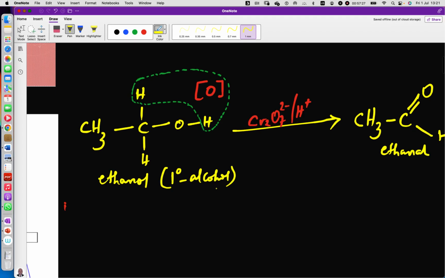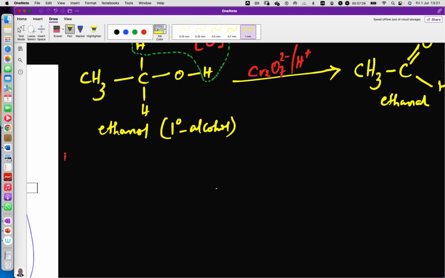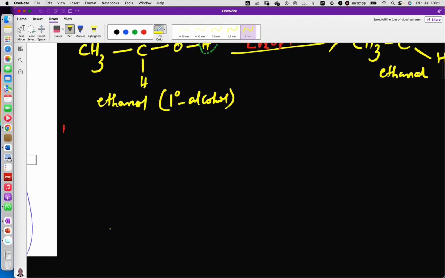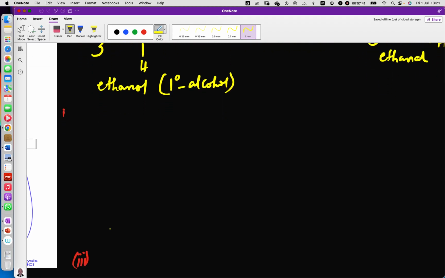Now, using a secondary alcohol, for instance propan-2-ol, we will have something like this. Let me say CH3, carbon, OH.